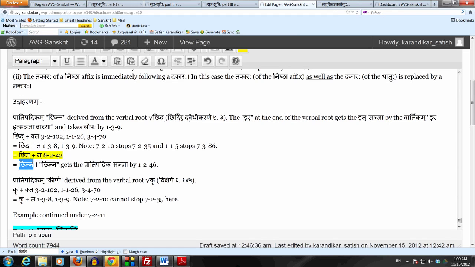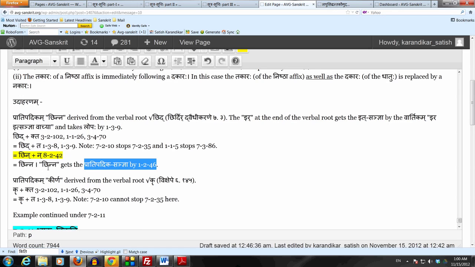This is how this sutram applies in the case where there is a dakara immediately preceding the takara of the nishtha pratyaya. Now chinna of course gets the pratipadika sanya by krit taddhita samasashcha, and then it is an adjective declining in all three genders. In pullinga it will become chinnaha, like chinnaha samshayaha, take bahuvachanam, and so on. It will decline like Rama shabda in pullinga. In strilinga it will become chinna, declining like Lata or Rama.